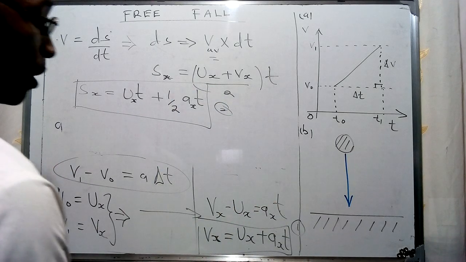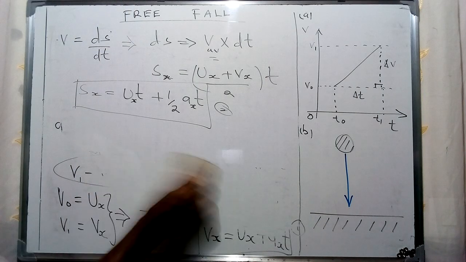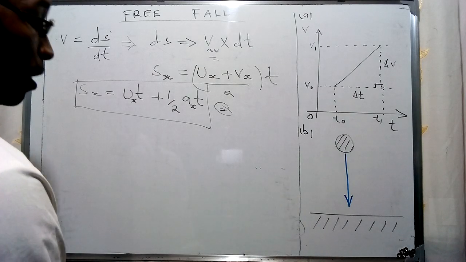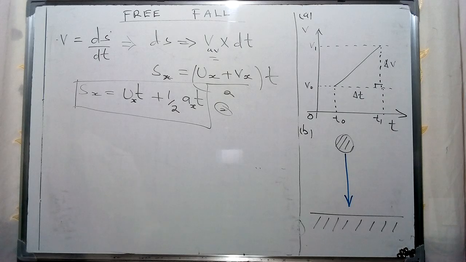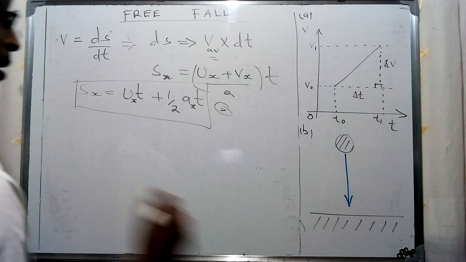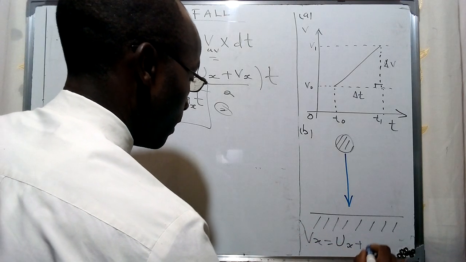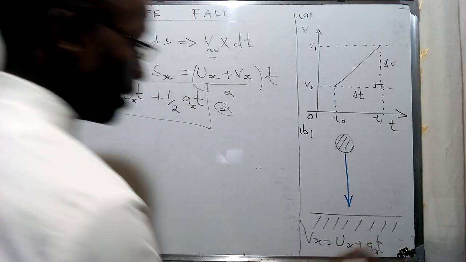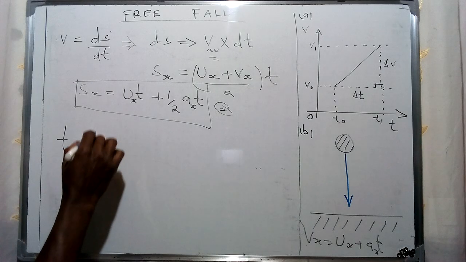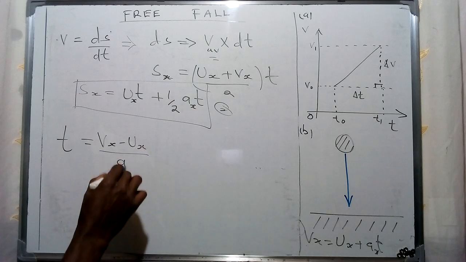And then we said that we're going to obtain another representation for the final velocity, which is also going to be one of the ways in which we represent free fall. So from the formula Vx equals Ux plus Axt, we have decided that we can find time as the difference Vx minus Ux, divided by Ax.